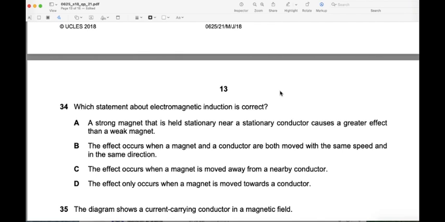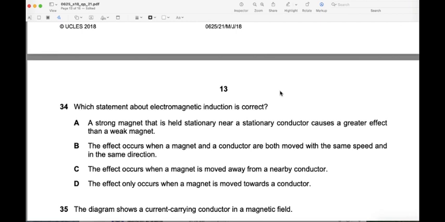No. B: the effect occurs when a magnet and a conductor are both moved with the same speed and in the same direction. No, right?